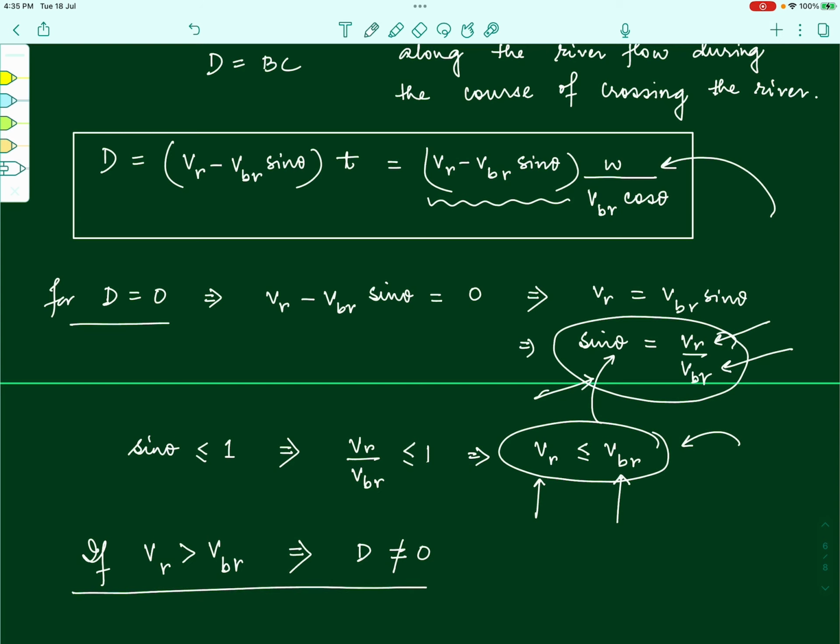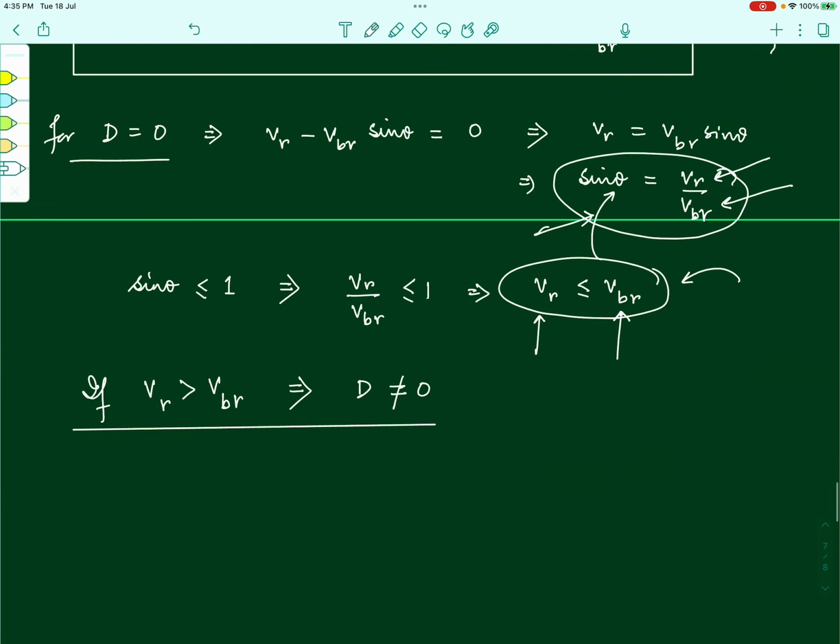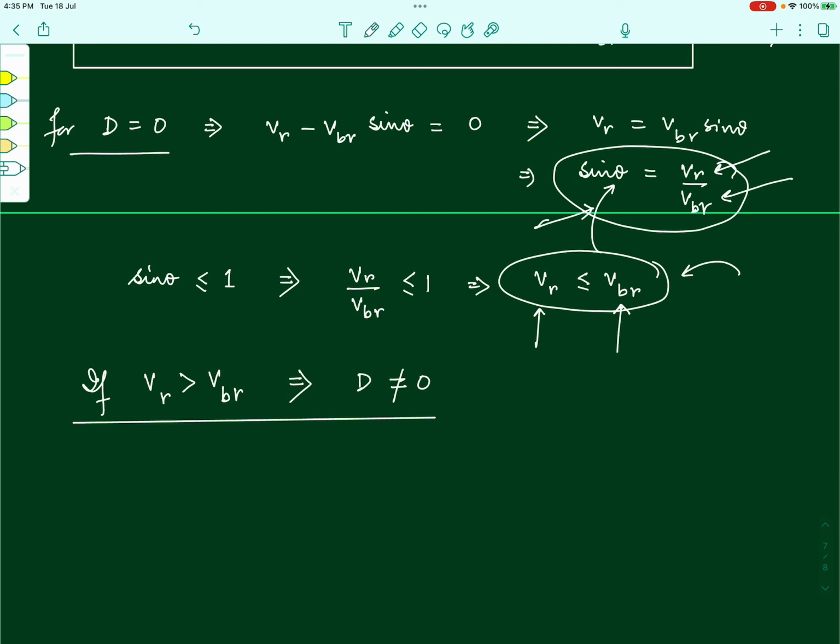If zero drift is not possible, then what do we do? Then we try to minimize the value of drift. For D to be minimum possible, understand that we are only talking about this particular case right now where VR is greater than VBR, when we know that drift cannot be zero. Now we are trying to find out the condition for drift to be minimum, to find out the angle theta for which that will happen.